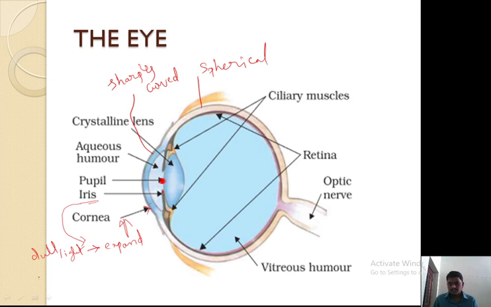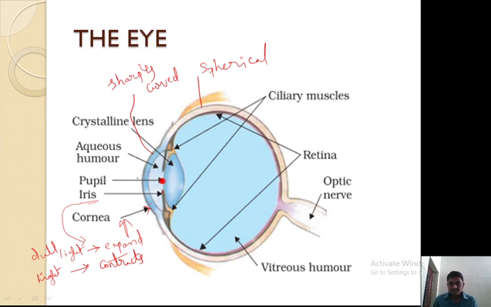But in bright light conditions, it restricts the amount of light passing through the pupil. In that case the iris contracts or compresses the pupil, so that only the needed light passes through the eye lens. Okay, this is the working of the iris.